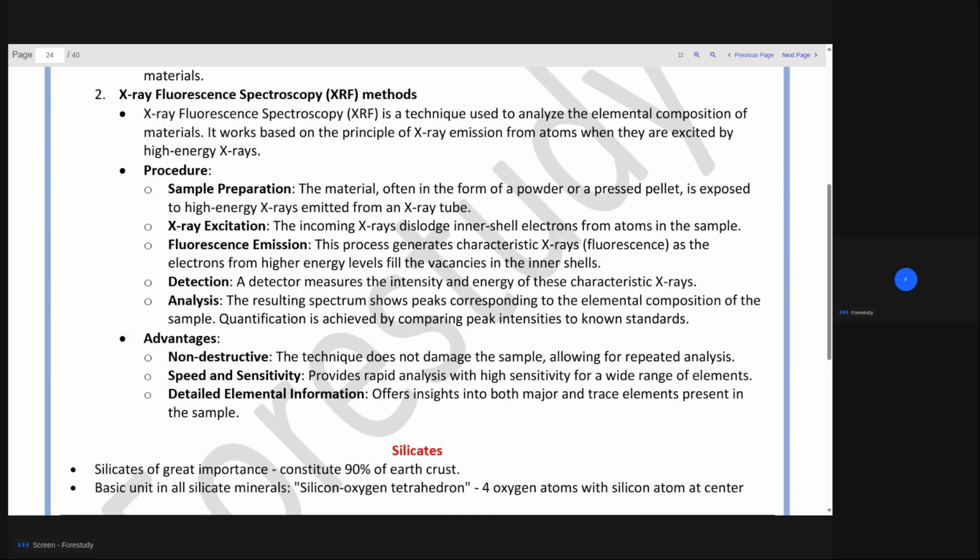Then transformation minerals: how metamorphism is taking place, how elements are changing. Then we can find the difference between calcite and aragonite, which is very hard to identify using optical mineralogy.